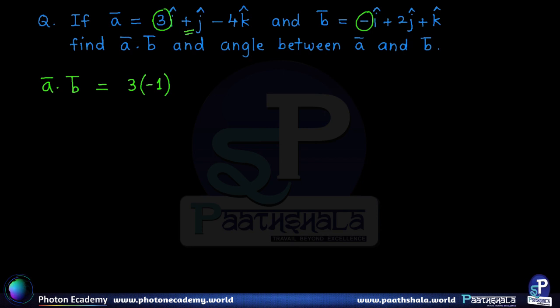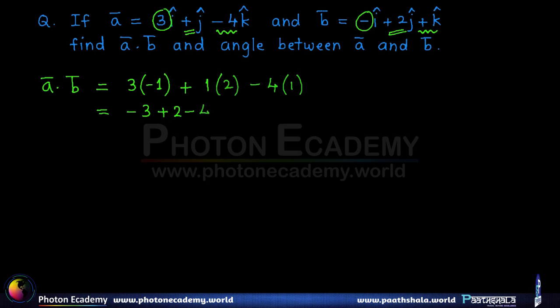Then in case of j it is 1 into 2, so that is plus 1 into 2, and in case of k it is -4 into 1. So that gives us -3 plus 2 minus 4, which is nothing but -5.